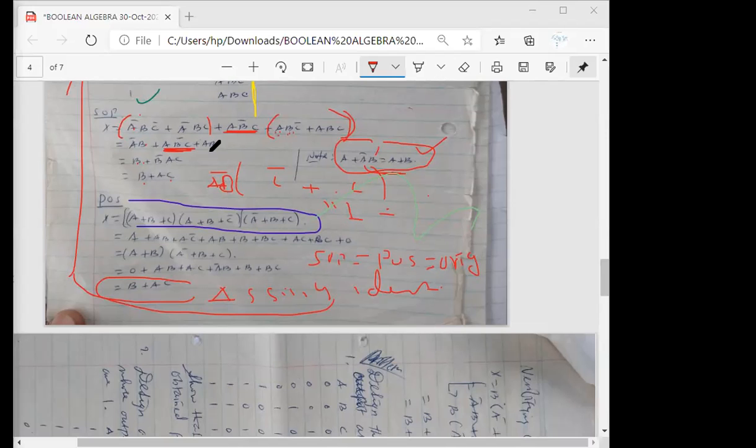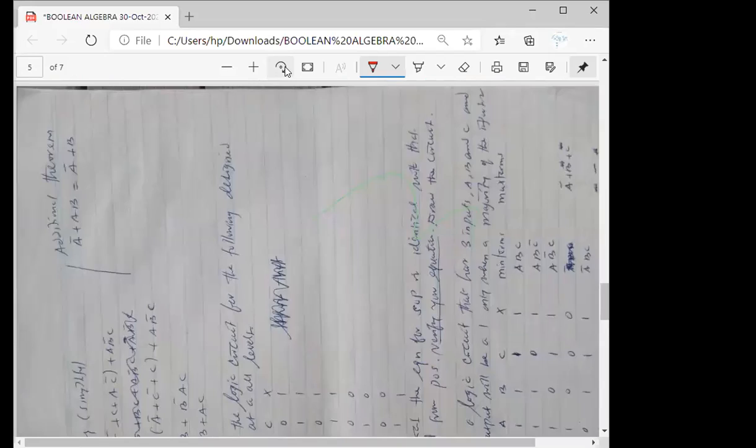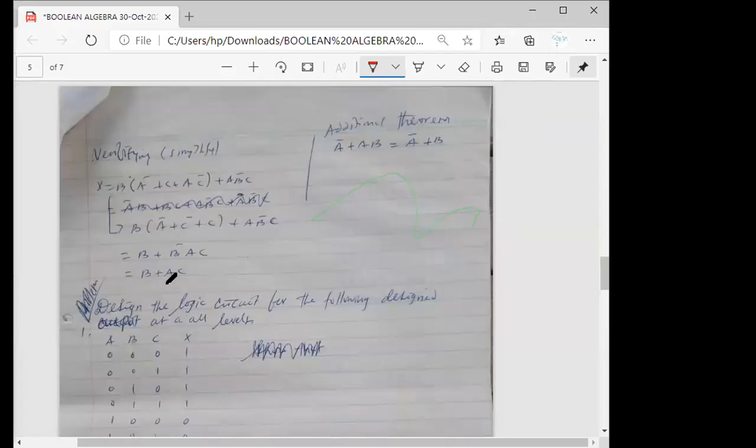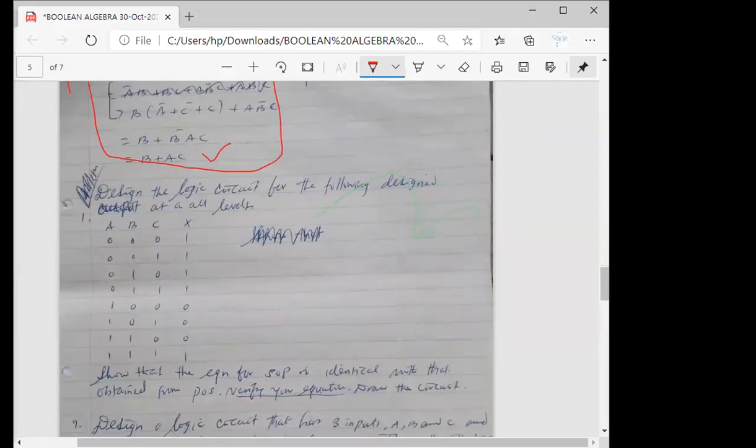Okay. So I wanted to give you an assignment to check, but if you look at it, I have already solved it here. You just follow and see if you can check. This is the equation that I'm asking you to do as an assignment, but actually I've verified it is true. So the problem comes: design the logic circuit.